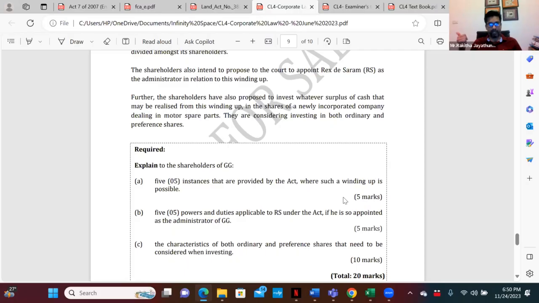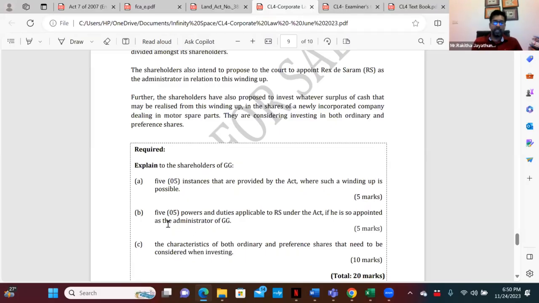So winding up by court is one method. Voluntary winding up is another method, but it has two ways of doing it. One is voluntary winding up by shareholders. The other one is voluntary winding up by creditors. Then the third situation is subject to supervision of court. So we have to read the facts of the question and figure out what is the mode of winding up that they are referring to.